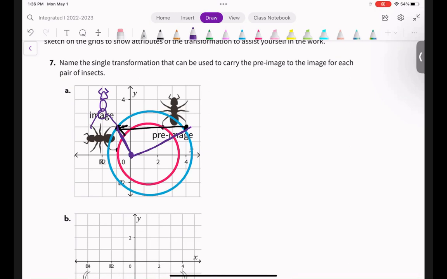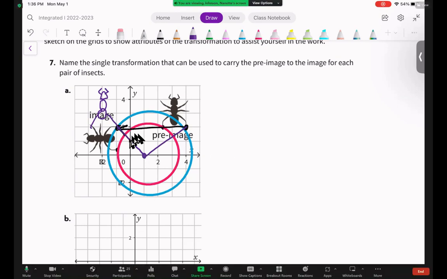So maybe I'll move that center over to maybe here. And then you're like, okay, well, that kind of looks like it, right? Kind of looks like the same size. And then I'll say, yeah, maybe. So what you're trying to do is find the center of those circles.